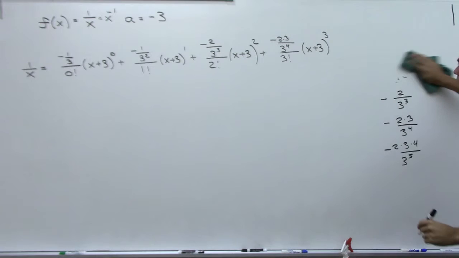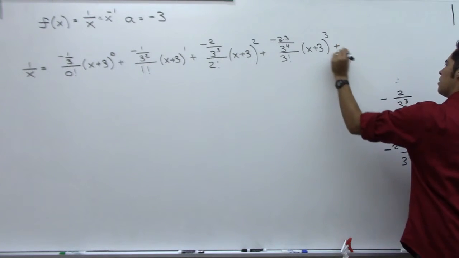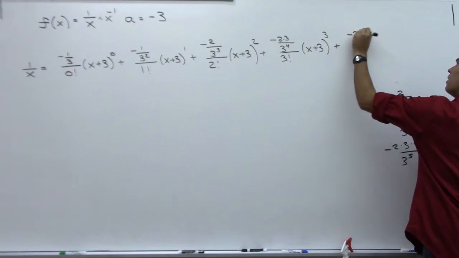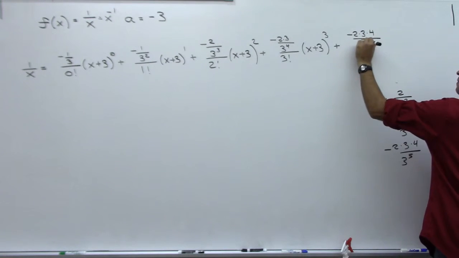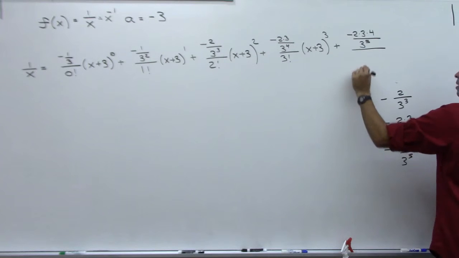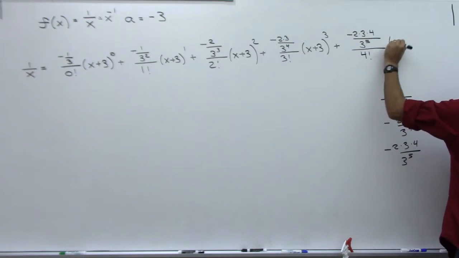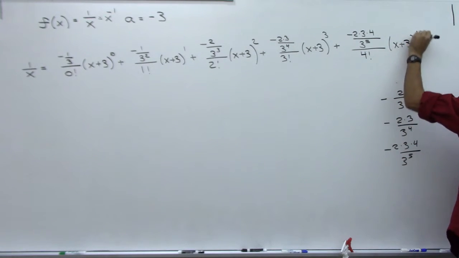I have enough room, I can do another one, plus negative 2 times 3 times 4 over 3 to the fifth over 4 factorial x plus 3 to the fourth.